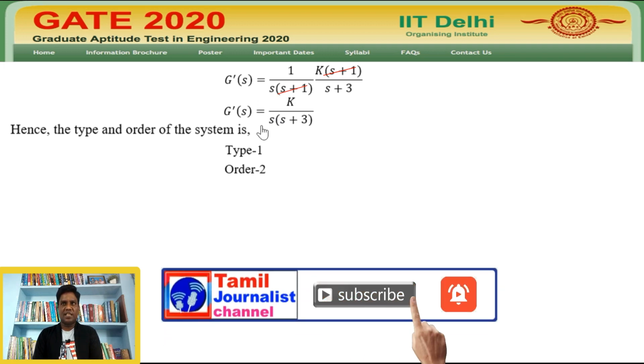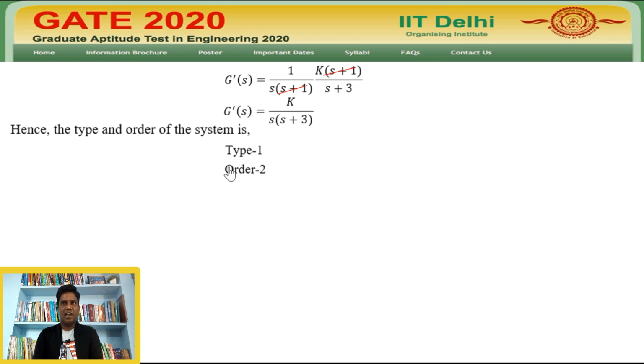Therefore this system is a type 1 system. Next, order of the system explains the highest power of s present in the denominator of this equation. So in this equation, the denominator s into s is s square, so the highest power of s is 2. Therefore the order of the system is 2.